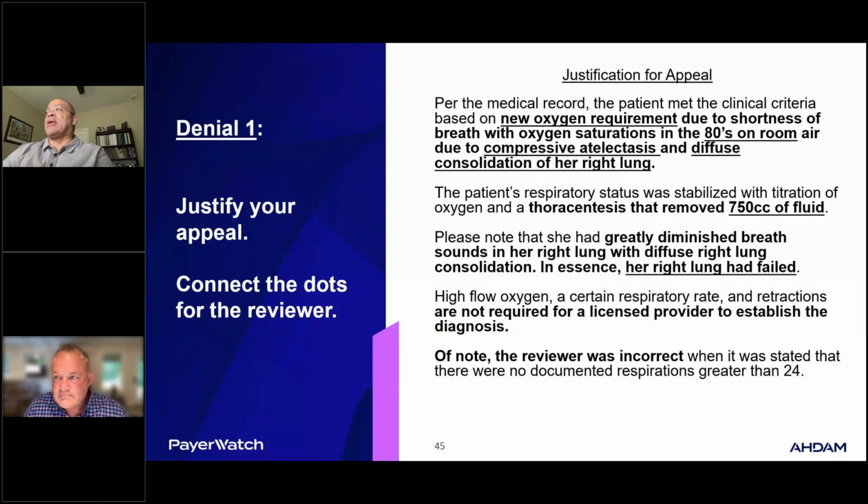The reviewer is wrong because the reviewer came back and said that the patient's respiratory rate was not greater than 20, and as you saw before, it was much higher than that. I think it's around 40-something, as we showed on the other side of the page. We were able to find all of the other respiratory rates they had while in with nursing, highlight them in our yellow highlighter, as well as provide the page numbers. Next slide.